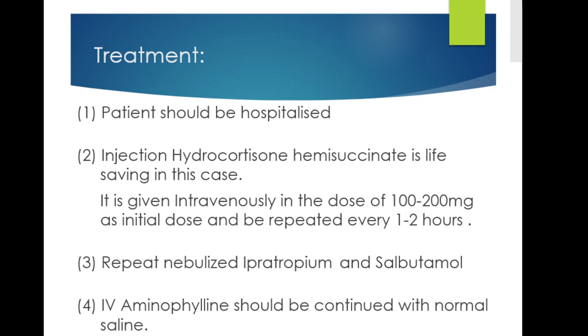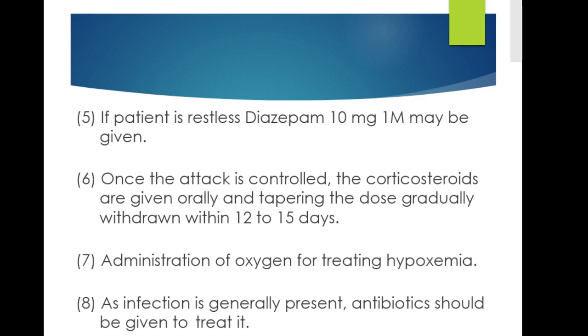Simultaneously, we should give nebulized ipratropium and salbutamol repeatedly. We can also administer aminophylline IV with normal saline. If the patient is restless, we should give diazepam 10 mg intramuscularly.